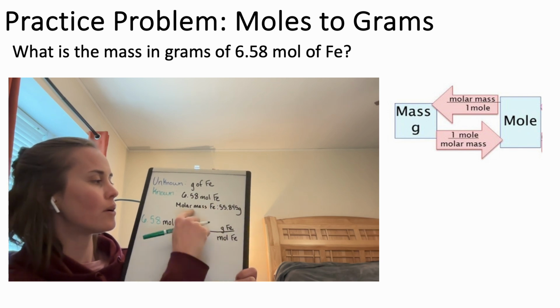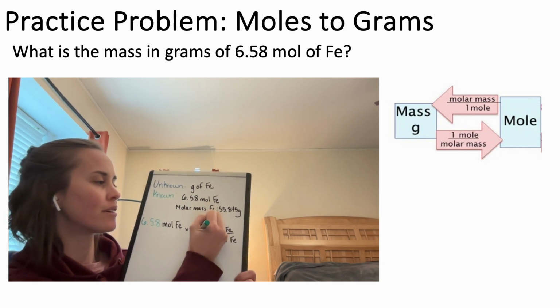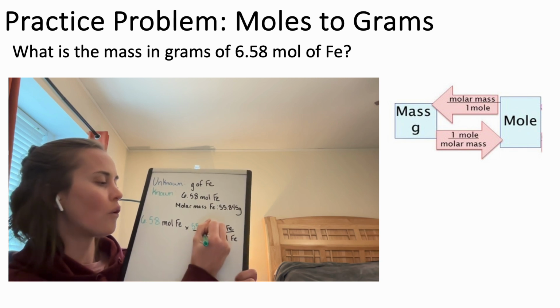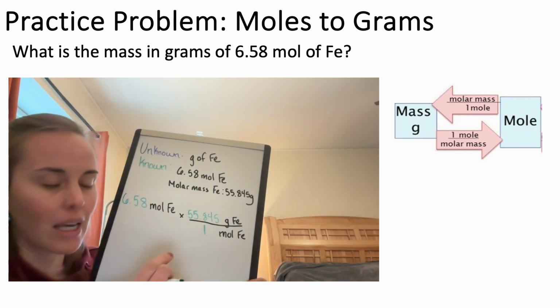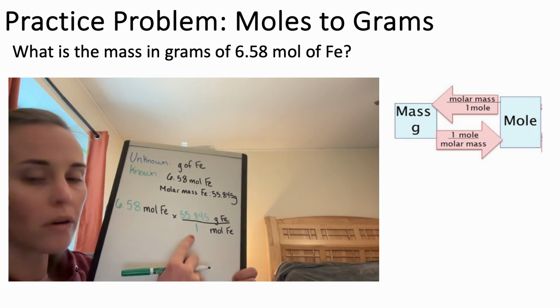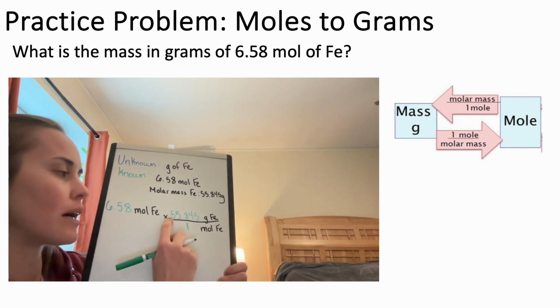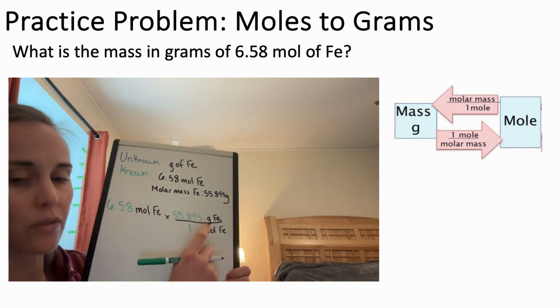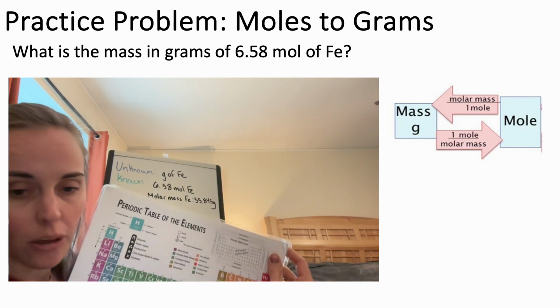Well, we know that the molar mass is 55.845 grams of iron over 1 mole, which means, in layman's terms, if you were to weigh out 1 mole of iron, you would have 55.845 grams of iron. They just figured that out, and that's why it's reported like that on your periodic table.